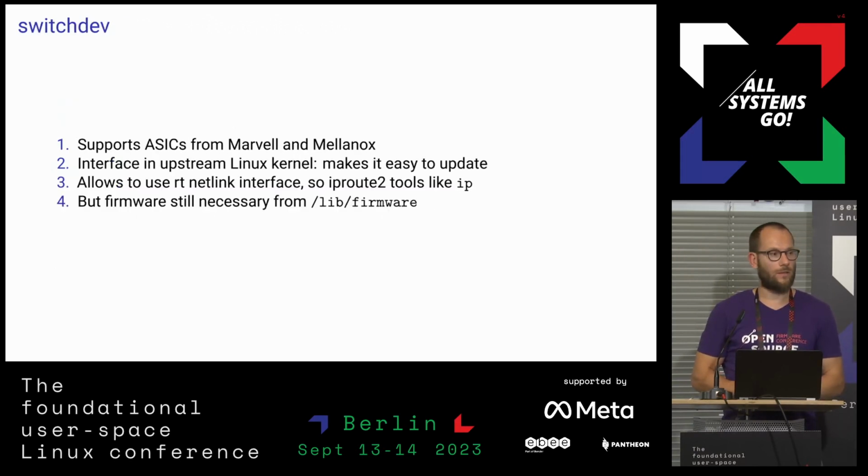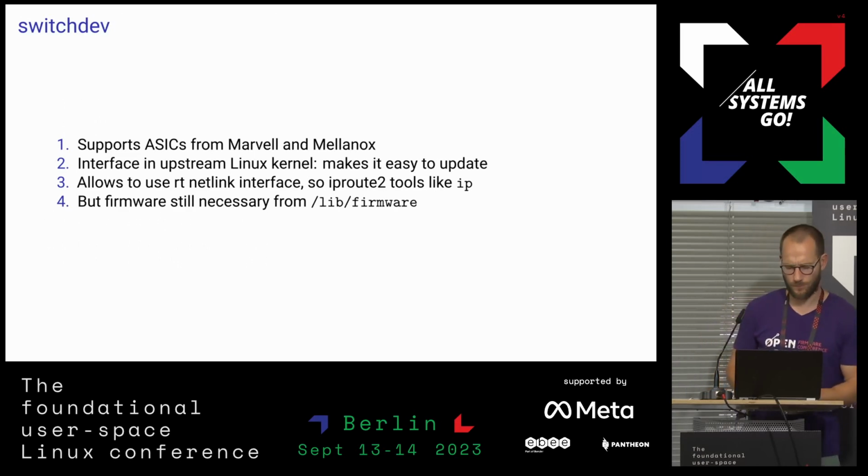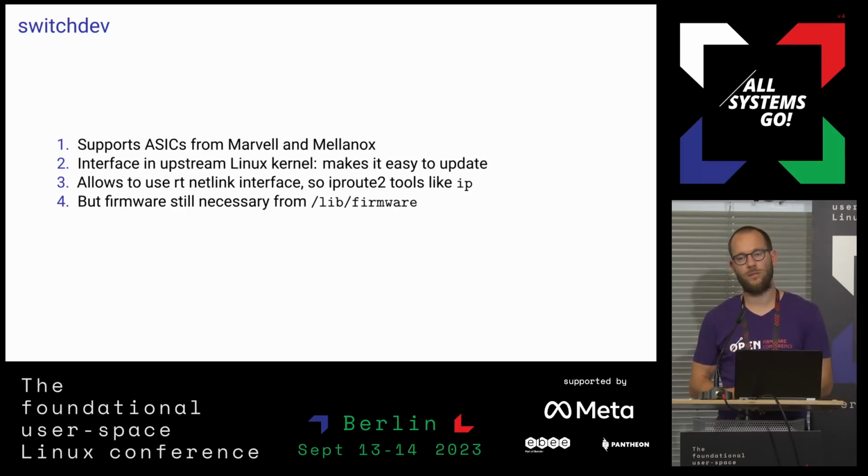Then we also have a switchdev interface, which is natively in the upstream Linux kernel. So if somebody supports this interface, you should be able to use any Linux kernel version you want to, which is a big plus. So it's kind of the AMD GPU or Radeon side of things, I would say.